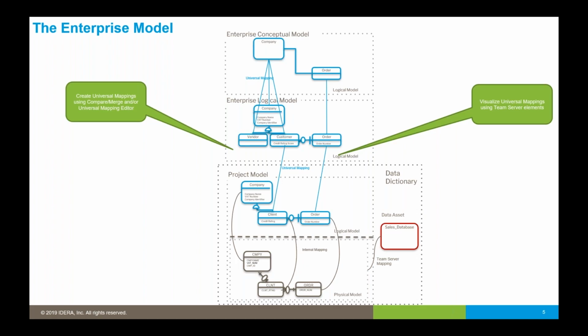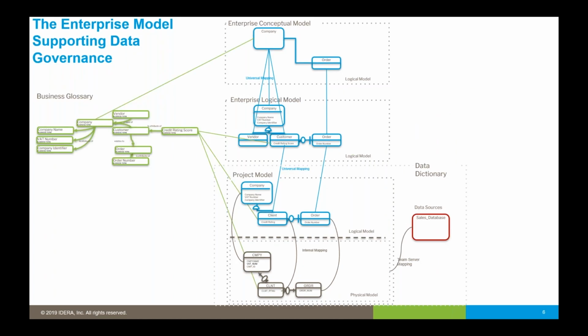And what's key really is being able to manage those and also be able to define the linkages and relationships between them as well. How does an object called company at my conceptual level relate to my logical model? How does that refer to my physical or project model? And then moving on a step is, how does that refer to actually a higher level again in terms of how we document and define things for our business itself?